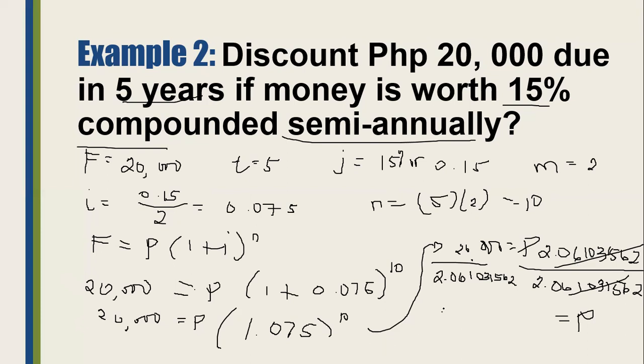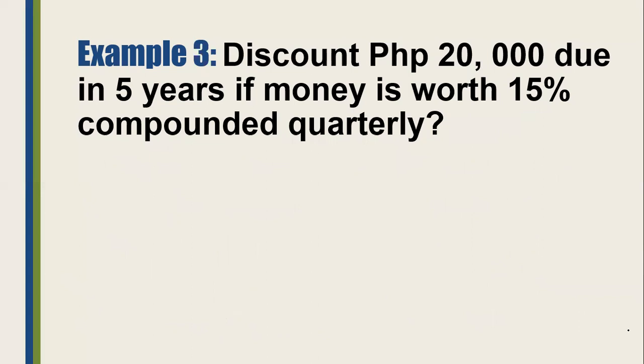So we have 9,703.88. So 9,703 pesos and 88 cents is our present value to have a final value of 20,000 after 5 years.